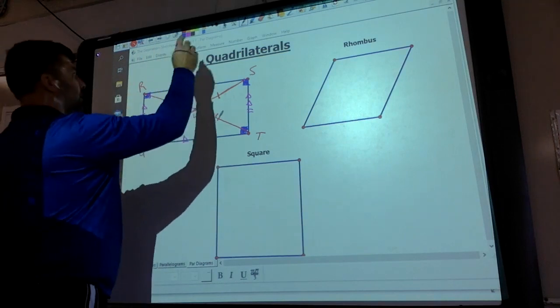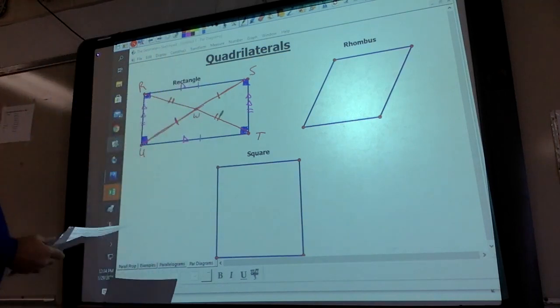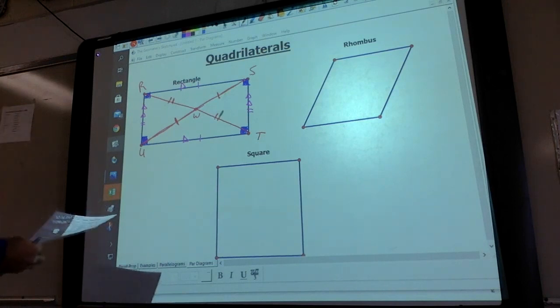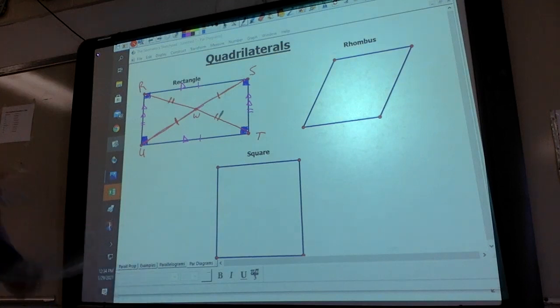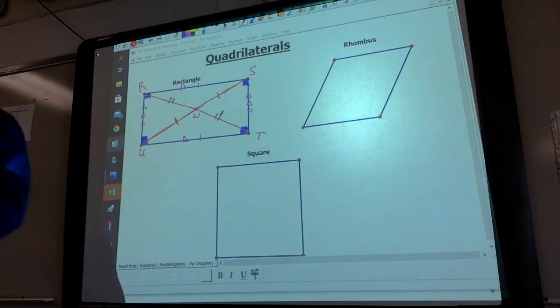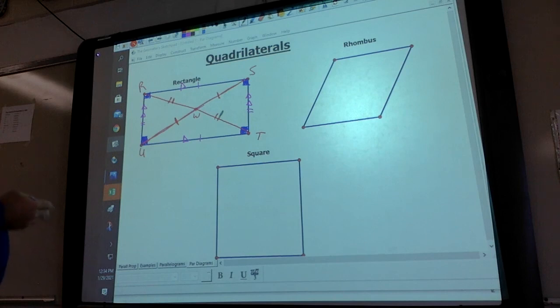Okay, so if you look at the specific properties of a rectangle, the 2 that are below on the worksheet. 4 right angles, got that taken care of. Diagonals are congruent. Now this goes back to triangle congruence. Now if you want to really prove why that's true, it goes back to triangle congruence, side angle side, and all that stuff. Okay, so here's where the rectangle diagram is a little different.